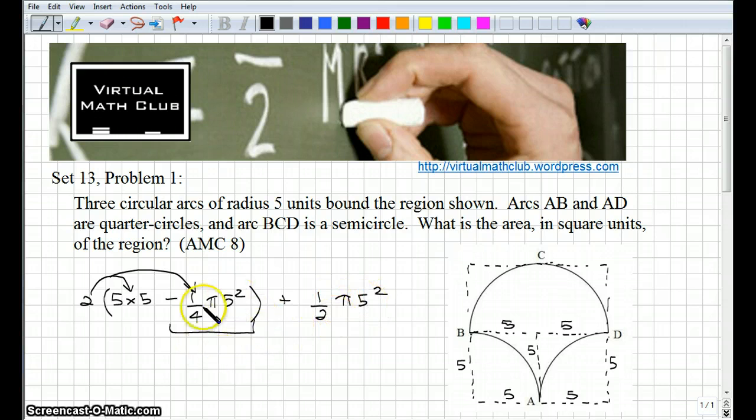And those actually end up canceling out. So what you're left with, I guess I am going to calculate this out, is 5 times 5 times 2, which is equal to 50. Interesting, huh? Well, here's the easy way to do it.